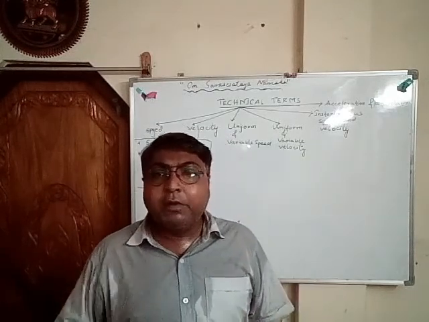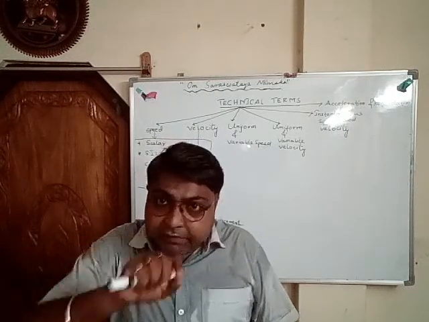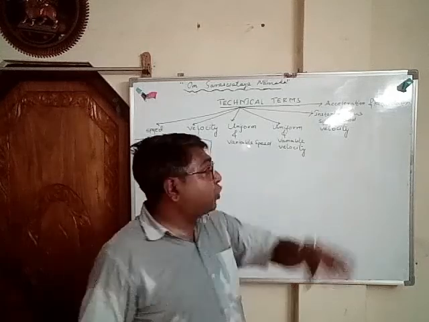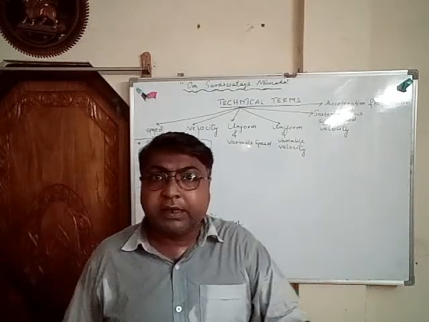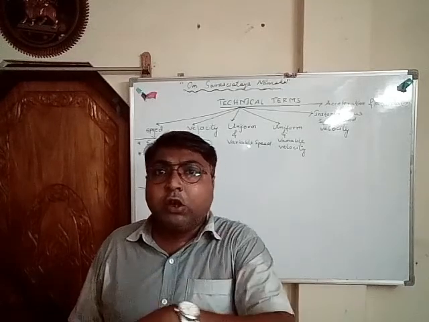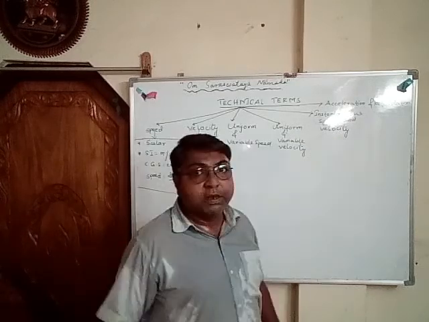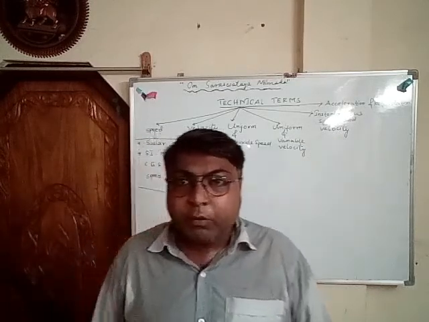Then the speed will be found by the distance travelled divided by the shortest time interval. Means in how short a time a certain distance has been covered will be calculated, and then you will find the instantaneous speed.